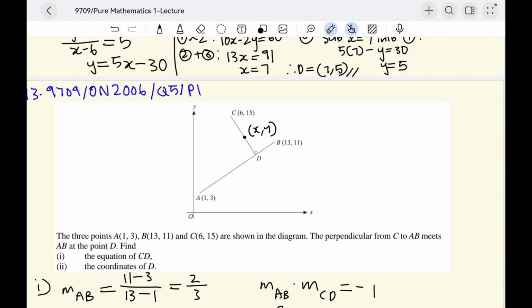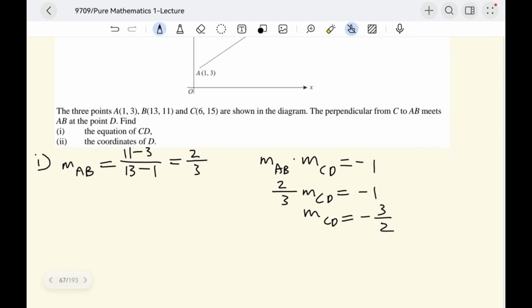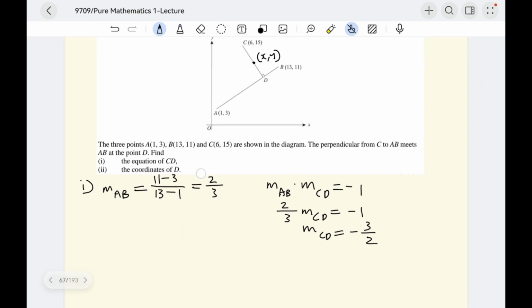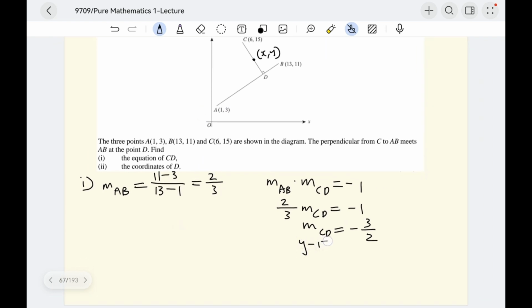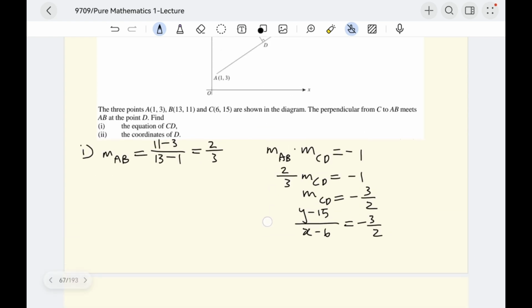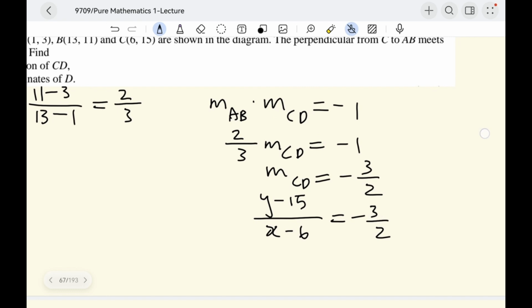So the gradient of CD is equal to the gradient of C at this point, where this point can vary to any side. Alright, so I have y minus 15 over x minus 6. So, find the equation of CD.